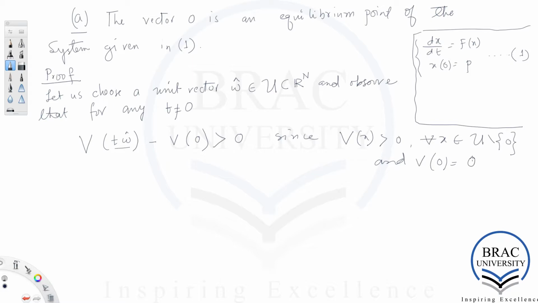It's important to note here that these two zeros are an abuse of notation, because the 0 inside the parenthesis is a 0 vector of R^n, and this 0 on the right side is the real number 0. So we have to understand which 0 is used, the 0 vector or the real number 0, based on the context. We number this as 2.